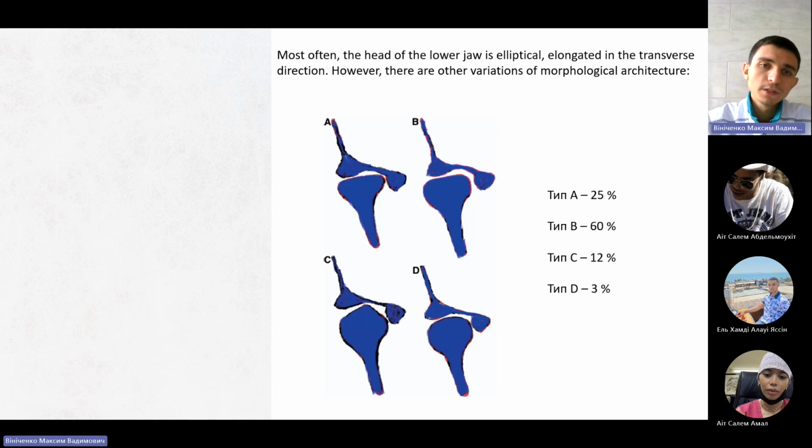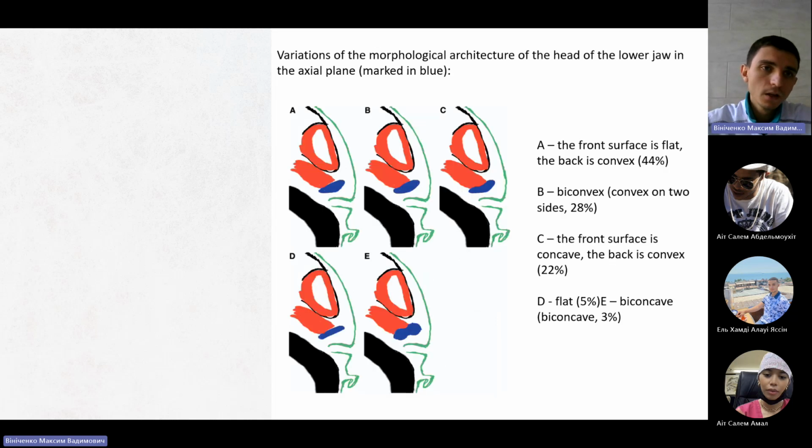So 25% is type A, 12% type C, and type D only 3%. These types of the head of the lower jaw are not pathological. These are anatomical varieties of the normal anatomical structure of the head of the lower jaw.